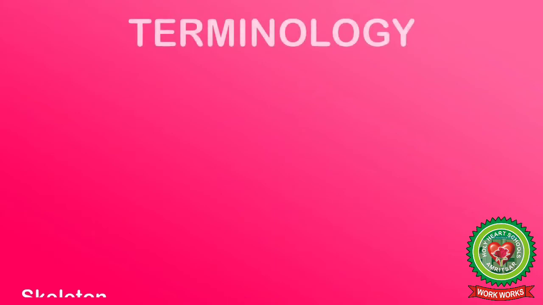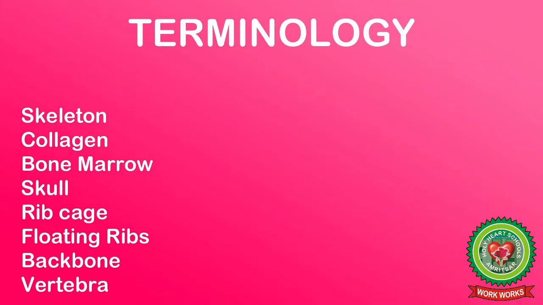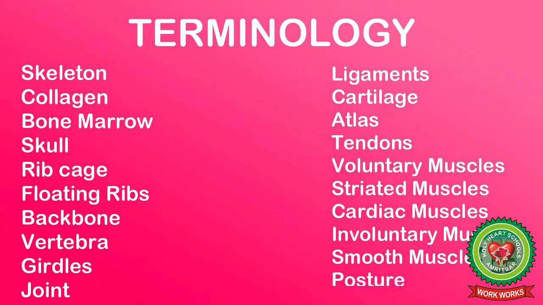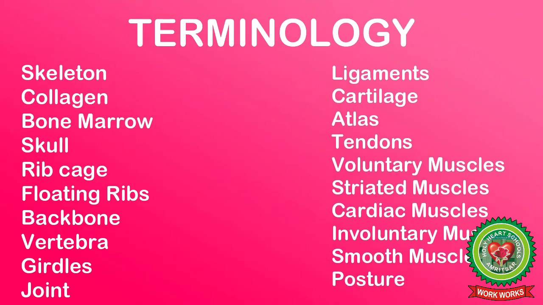Students, the terminology of this chapter is skeleton, collagen, bone marrow, skull, rib cage, floating ribs, backbone, vertebrae, girdles, joint, ligaments, cartilage, atlas, tendons, voluntary muscles, striated muscles, cardiac muscles, involuntary muscles, smooth muscles and posture.